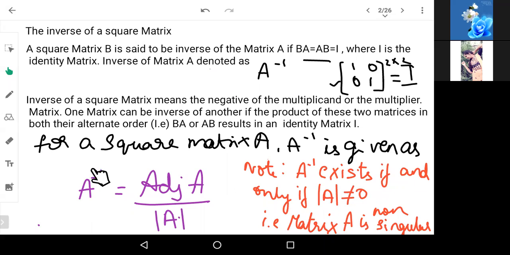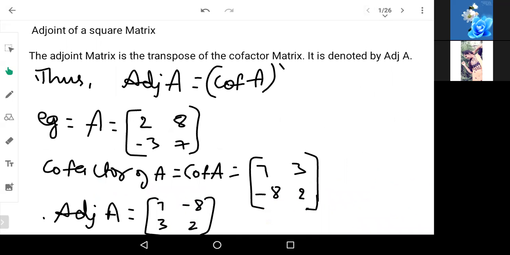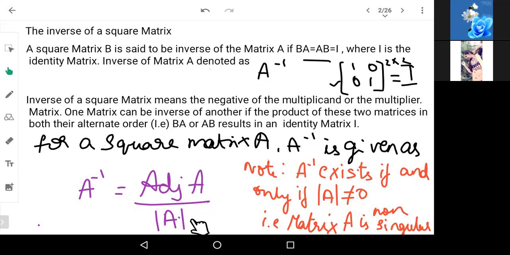So for a square matrix A, the inverse, A to the power minus 1, is equal to adjoint A divided by determinant of A. We know how to find the determinant of A. It may be a 3 by 3 matrix or a 2 by 2 matrix. So we will have to find the adjoint A and then divide it by the determinant A.